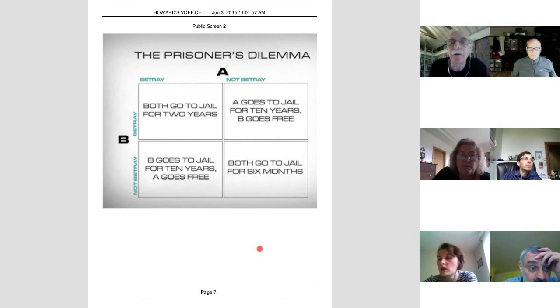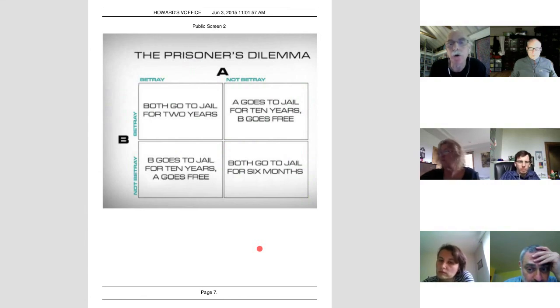Or you can remain silent, and that's cooperation. So if you both remain silent, that is, don't betray each other, you get the outcome in the lower right-hand corner, which is actually the optimum for both of you, which is you go to jail for 6 months.